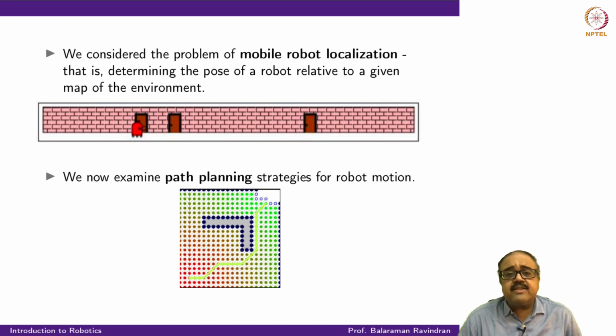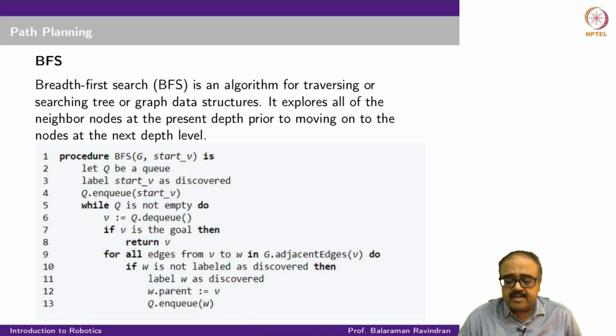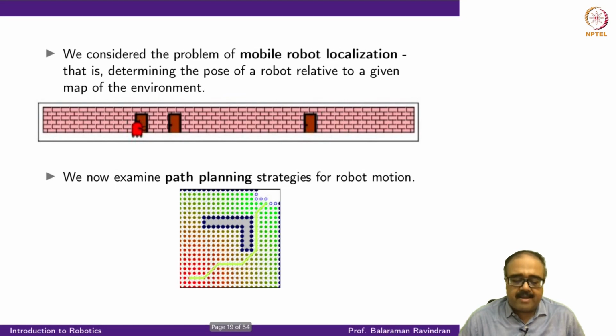We'll start off with a very simple path planning algorithm called breadth first search. Breadth first search is an algorithm that was originally designed for traversing any kind of graph data structure starting from a node. In our case, the graph data comes from the connectivity in the map. Suppose this is my grid map, and each one of these squares is a grid cell. I can say that each grid cell is connected to 8 of its neighbors.